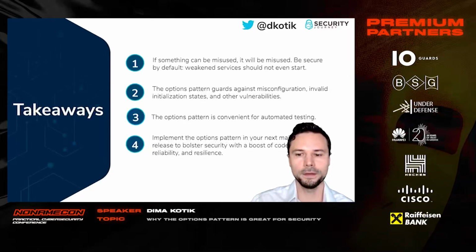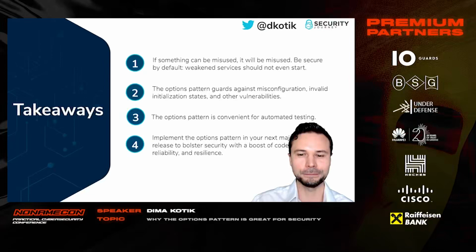Third, the options pattern is convenient for automated testing. I would contend it is the most convenient initialization strategy for automated testing. Testable code is reliable and secure. Use the options pattern.